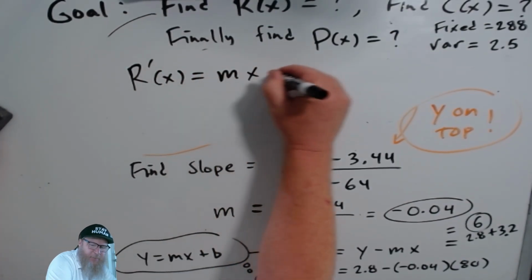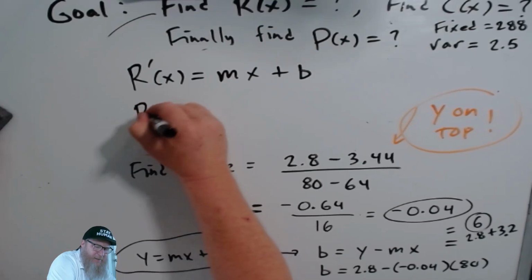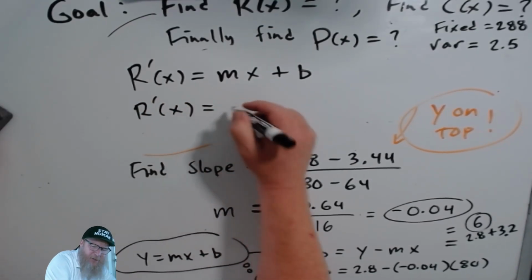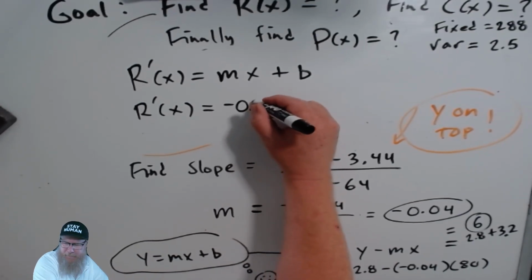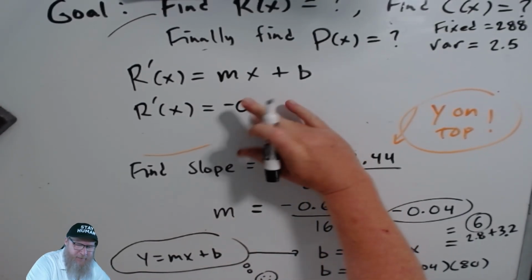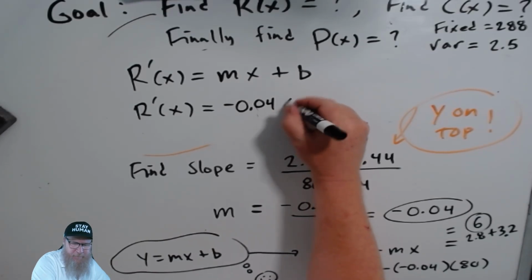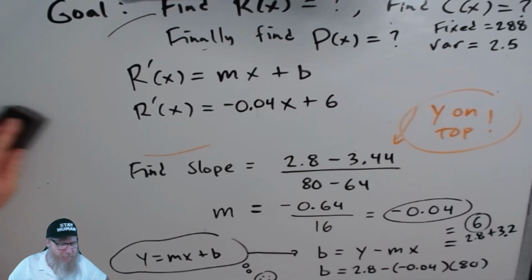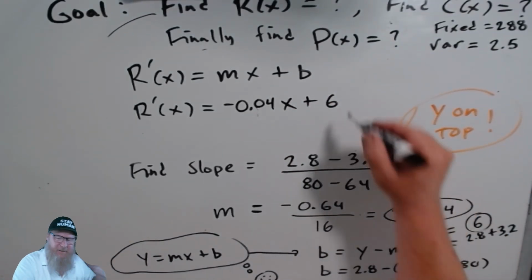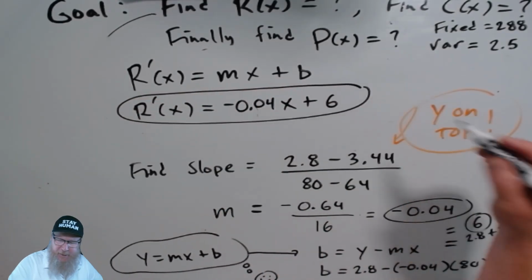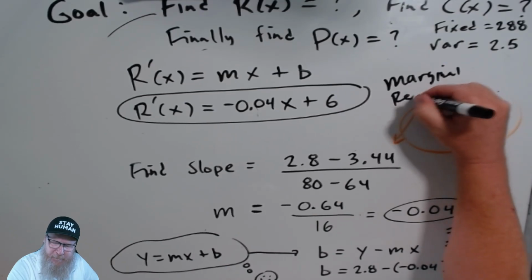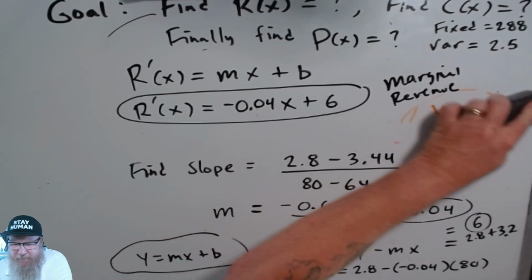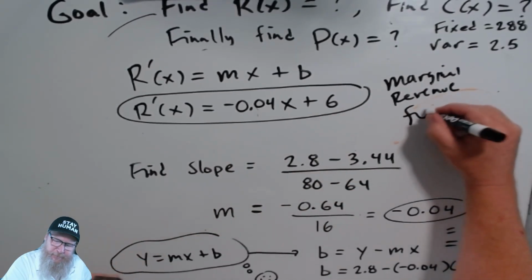Is mx plus b. It's not my actual revenue, it's my revenue prime. It tells you the marginal revenue function of a particular, it's a marginal revenue function.